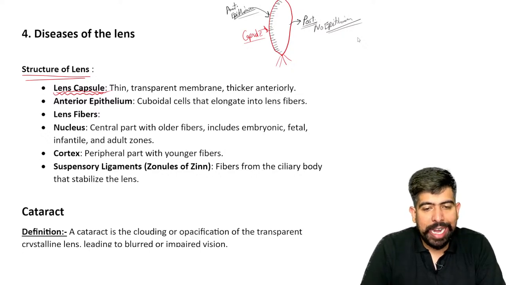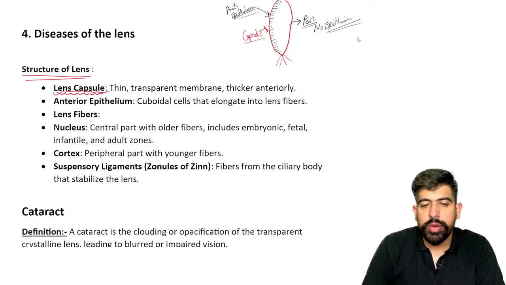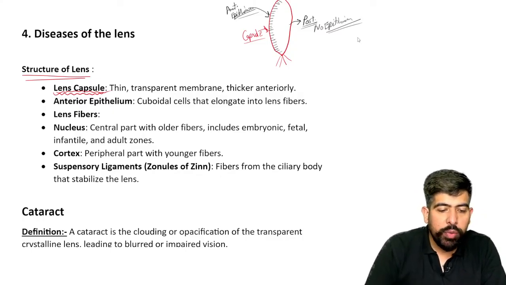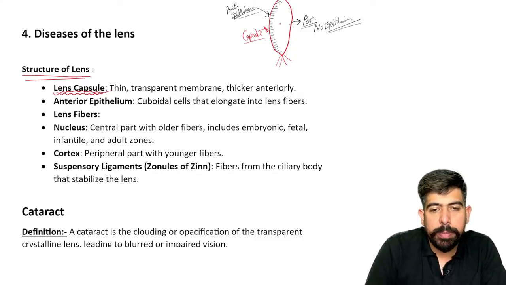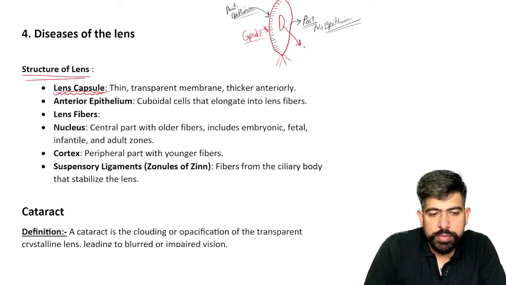Now, as we completed this, we are moving forward and going inside. Now we have the lens fibers. In the lens fibers, please remember, the first part in the middle is known as the nucleus, the lens nucleus.